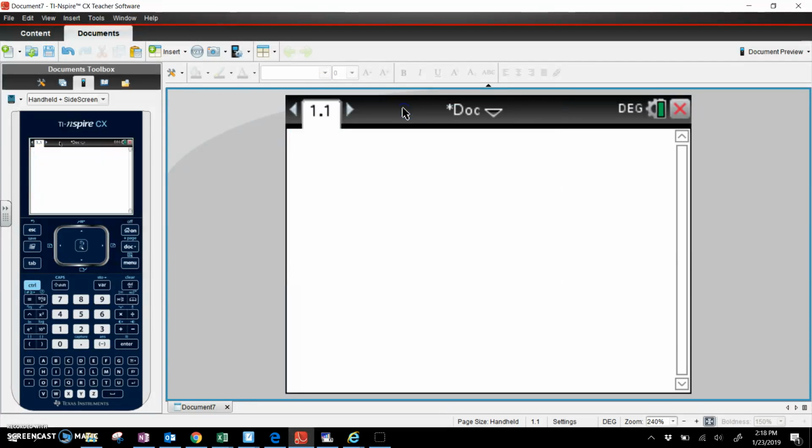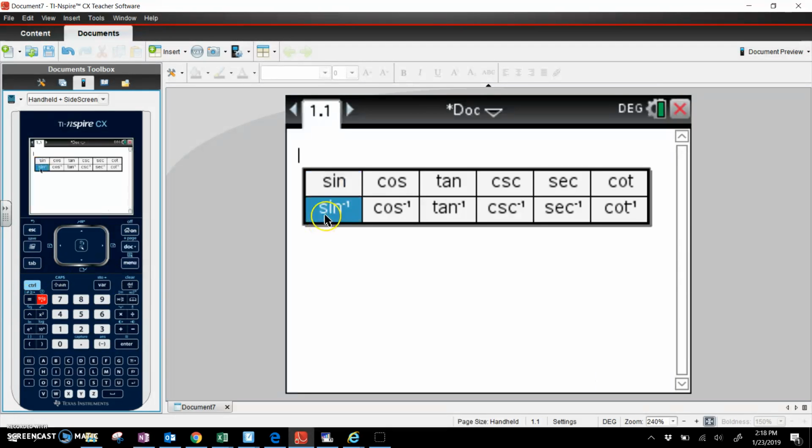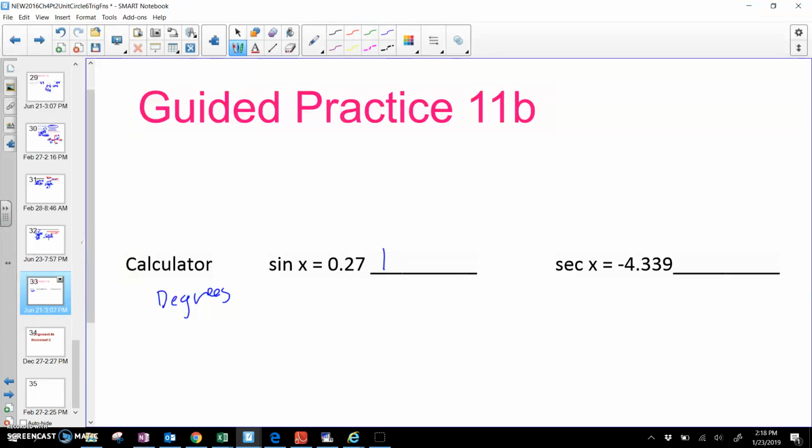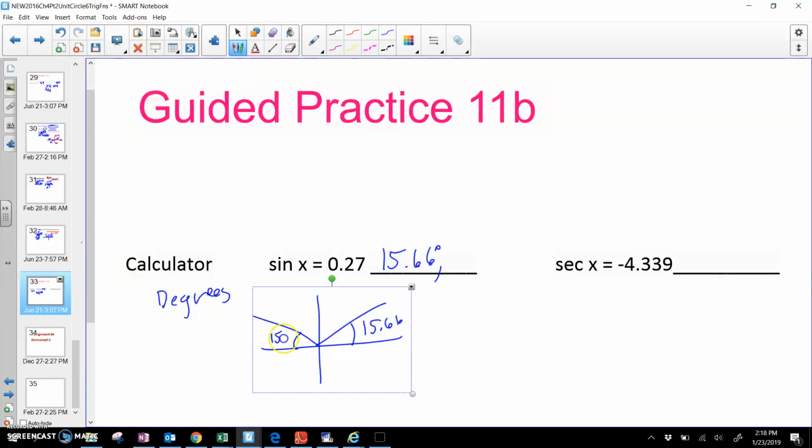I have a calculator. This time you should have done sine inverse of 0.27, and you'll see I get 15.66. So you can see how it changes it and gives you 15.66 degrees as the first one. Sine is positive in the first quadrant, so this reference angle will be 15.66.